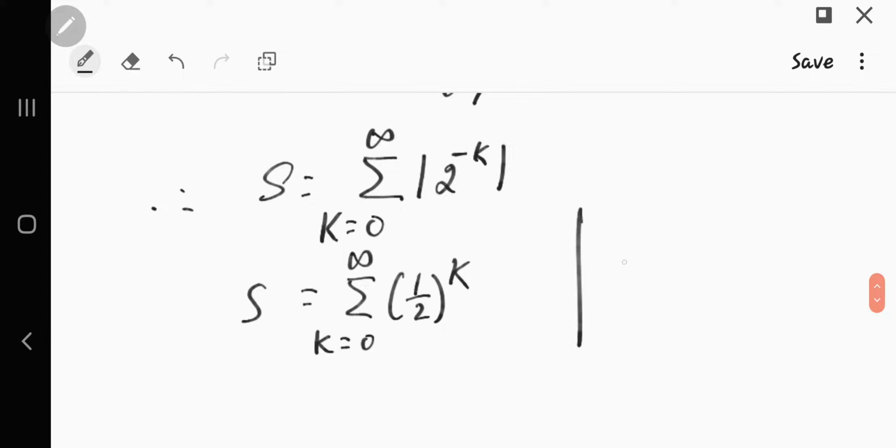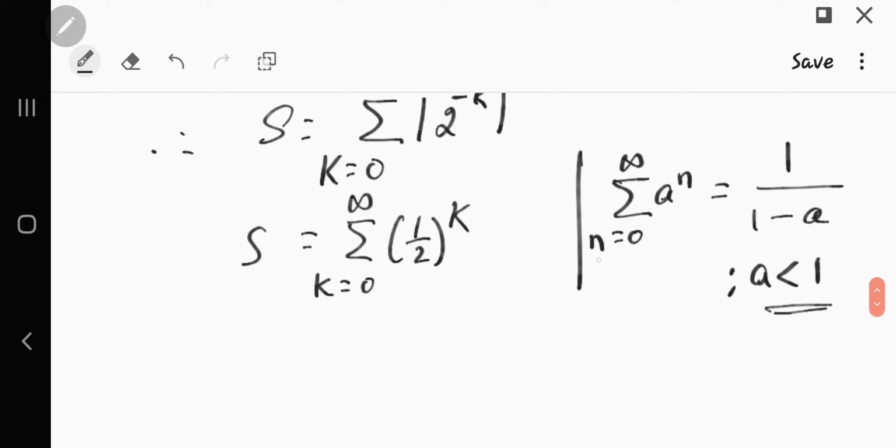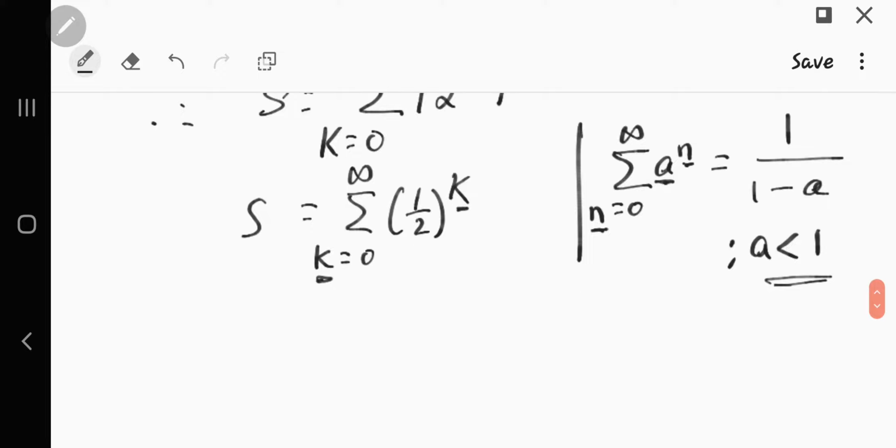From the geometric series, we have summation n is equal to 0 to infinity a to the power of n can be written as 1 divided by 1 minus a, where a is less than 1. So this is the condition from geometric series. Now we can apply the same here. In place of n we have k, the limits are the same, 0 to infinity, and in place of a we have 1 by 2.